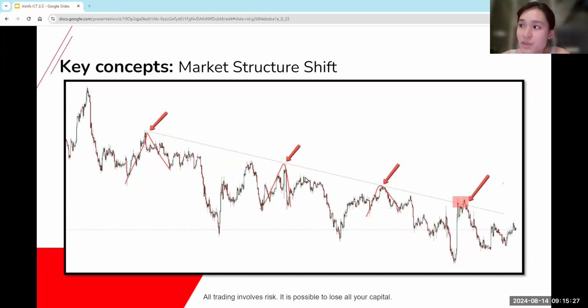For this example, we can see price poking out of the descending trend line. So it's breaking out of this downtrend, which suggests a shift in market structure, and that price might see an uptrend start to form. This is an example of a market structure shift.